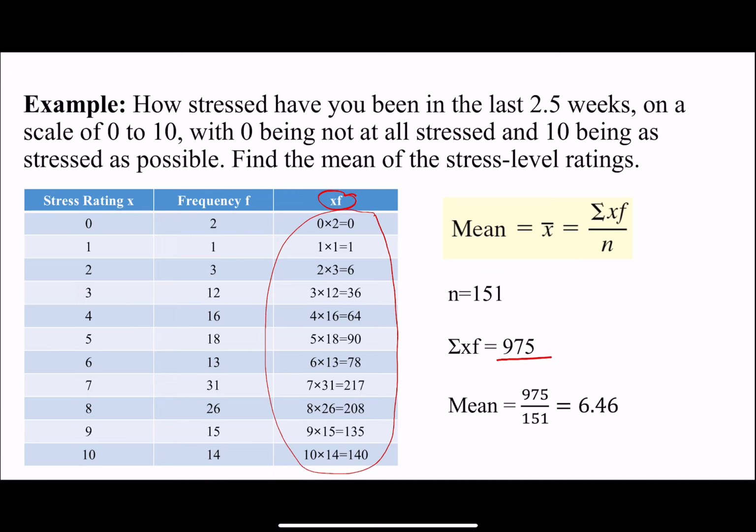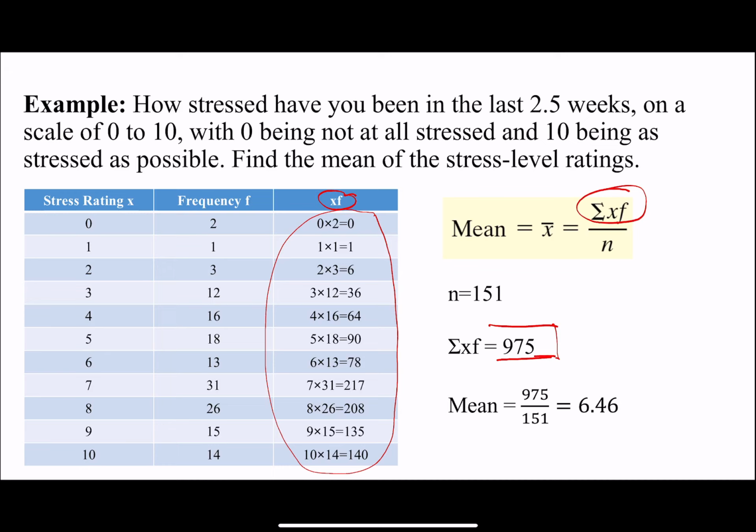I want you to practice at home and add all these numbers. Make sure that you have the same number, 975. That's the sum of the frequency times the data item, right? So frequency times data item, add all the results.